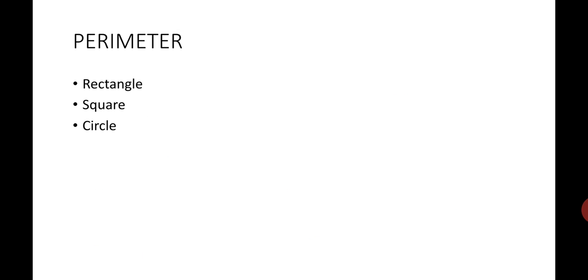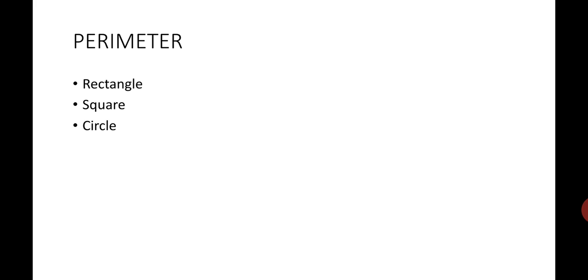Now let's go to the next thing, perimeter. First thing is we are going to write the dimension for perimeter, but we do not have any general expression for perimeter, but there are some specific expressions.